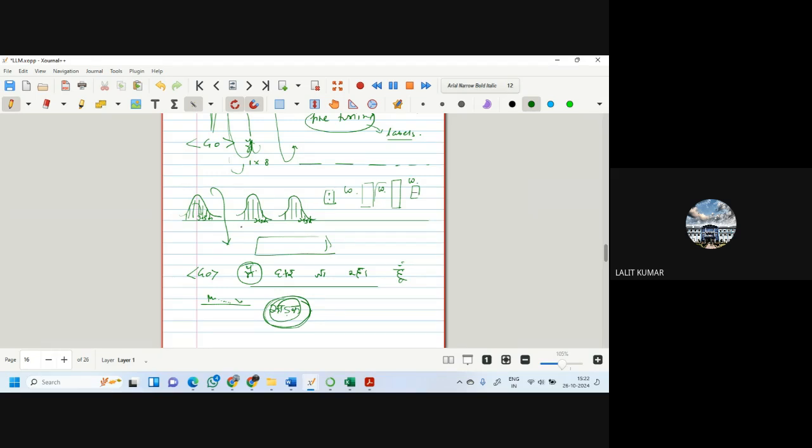Do you think it will update only for this? These matrices all get updated. We used to do W equals W minus delta W, so your entire W is getting updated.